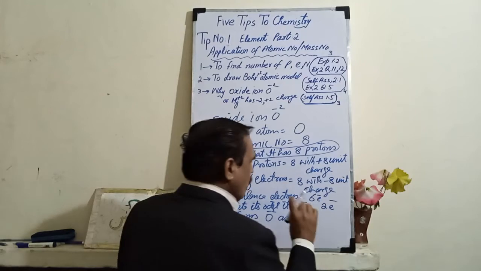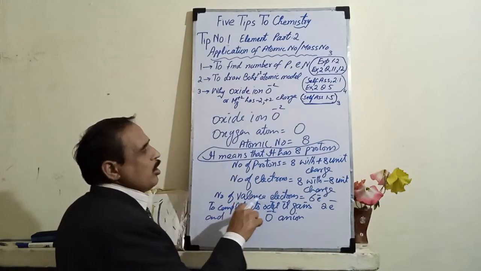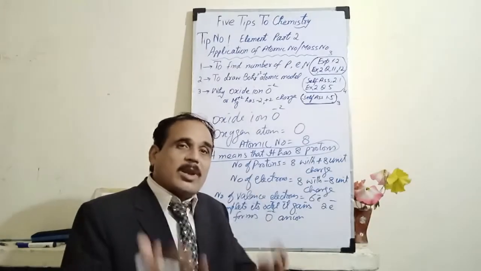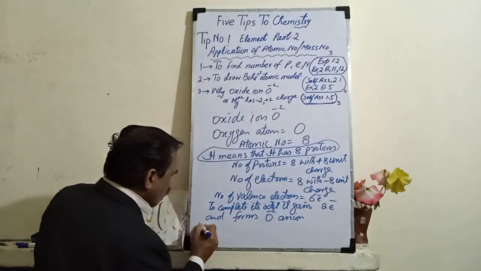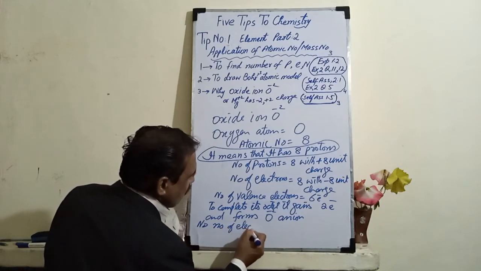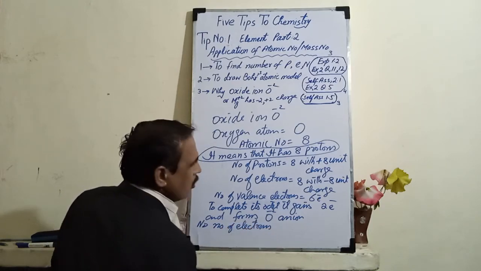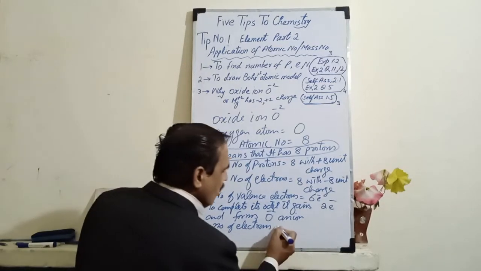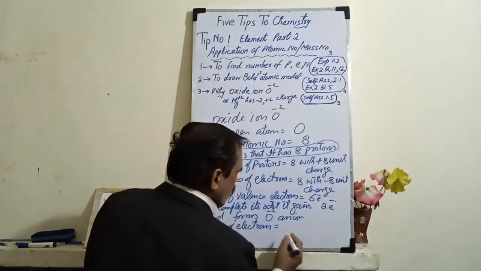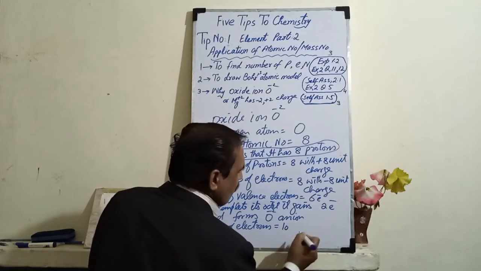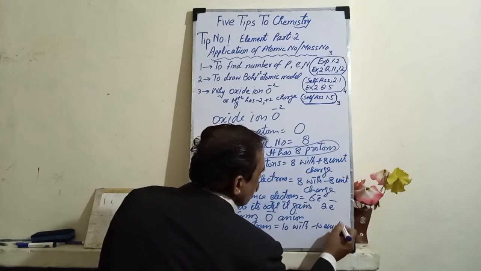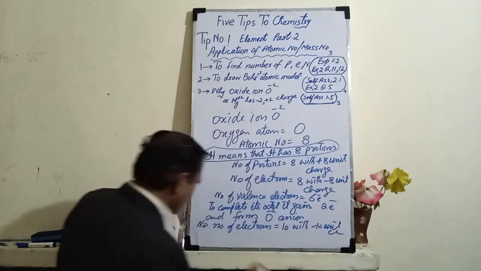Now you can see it had a total number of electrons 8, but it has gained 2 further electrons. Now number of electrons, how many? 8 plus 2, 10, with minus 10 unit charge.